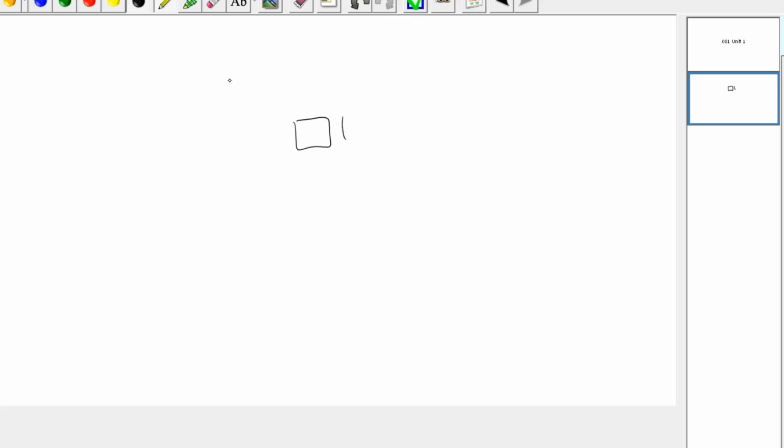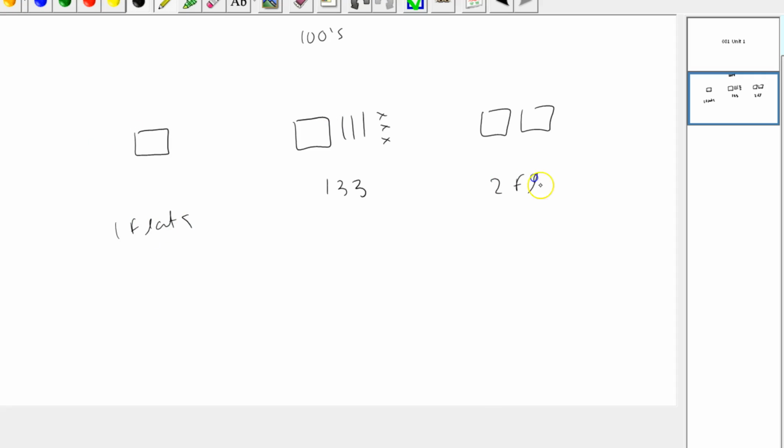So something you can do as far as rounding is, if they have 133 and you want them to round this to the hundreds place, you can have them use flats and see that it's between 1 and 2 flats. Then you can ask them, which one of these is 133 closer to?